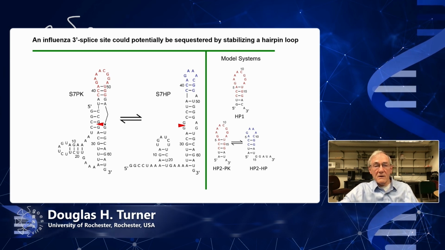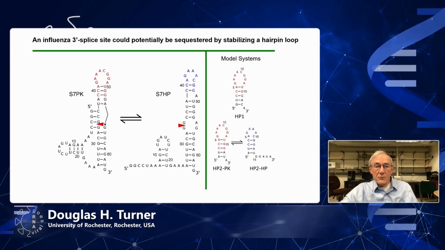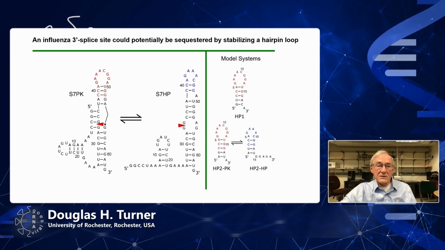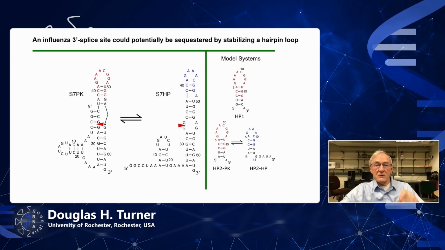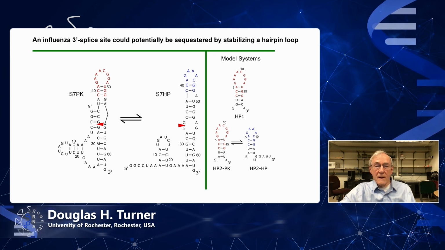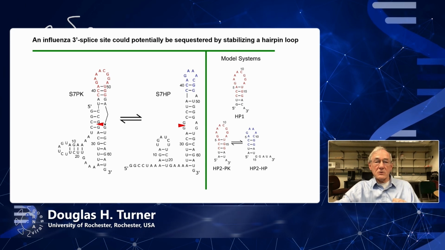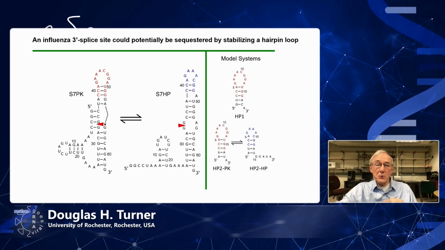And it turns out that what our lab, particularly Walter Moss, has predicted in the past is that the splice site, which is shown here in the red triangle, where that splice site is in the secondary structure, there are two possibilities.